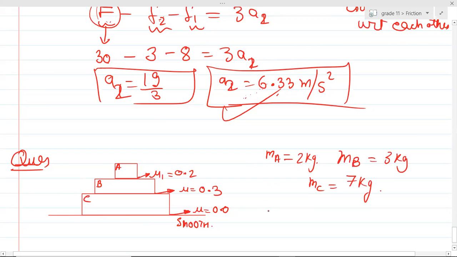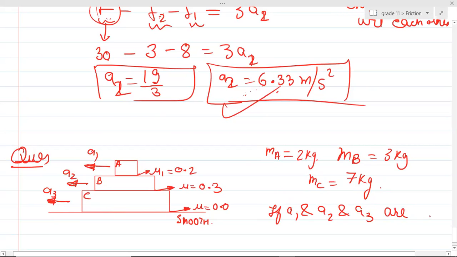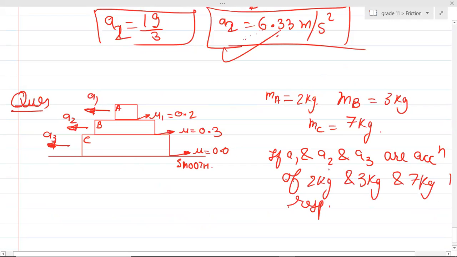Now the question is, if a horizontal force... if A1, A2 and A3 are accelerations of 2 kg, 3 kg and 7 kg respectively.